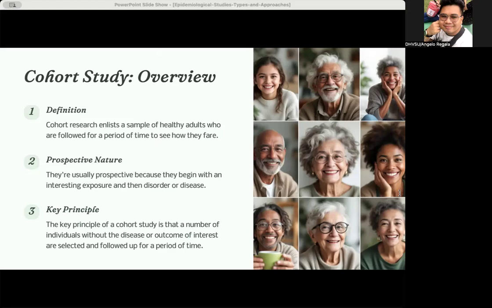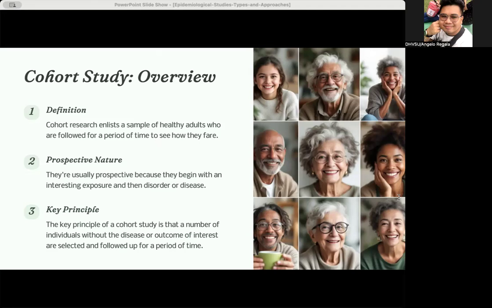You record the number of people who developed the disease among the exposed and unexposed, and then you compare. We have a computation for that, which is what we call the relative risk, the measure of effect in a cohort study.